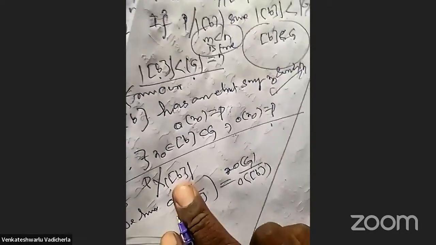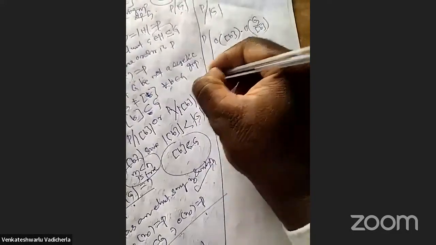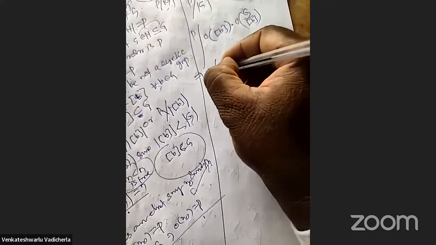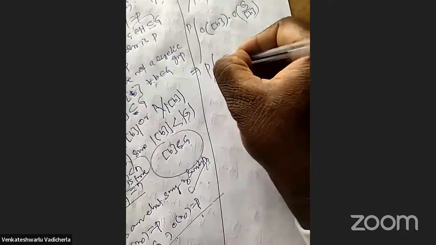In this case p does not divide the cyclic subgroup generated by b, so this implies p divides only the order of the quotient group.